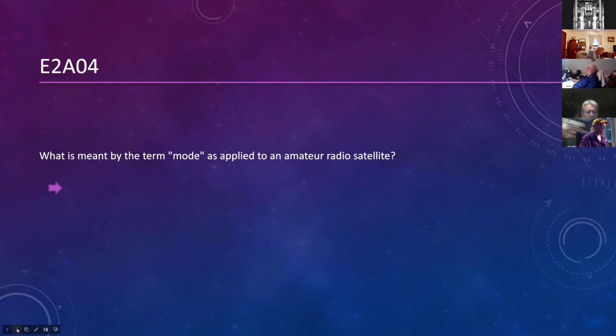What is meant by the term mode as applied to an amateur radio satellite? The satellite's uplink and downlink frequency bands. What do the letters in a satellite's mode designator specify? That's the uplink and downlink frequency ranges. I think the first letter is the uplink and the second letter is the downlink band range.